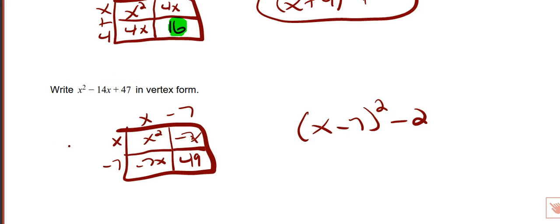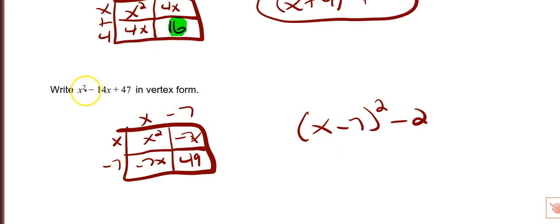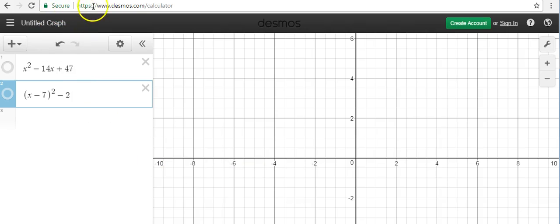One nice thing about working with mathematical expressions is there's always ways to check that you're correct. For example, I could plug in values for x into this expression, like plug in 0 here and 0 there, and see if you get the same results, because my claim is that these are equivalent. Another way to do it would be to make a graph. So I went to desmos.com/calculator and I typed in the two equations that we think are equivalent.